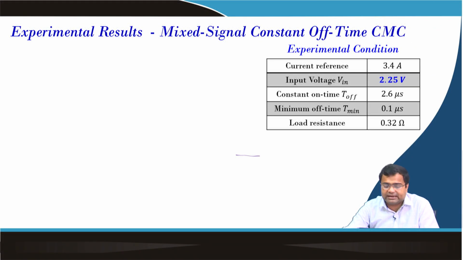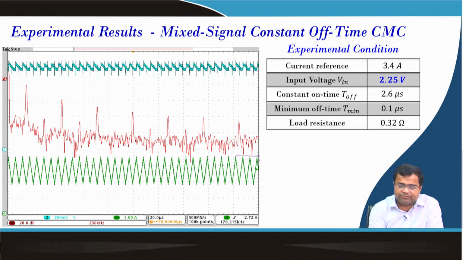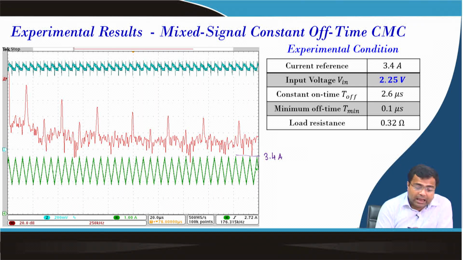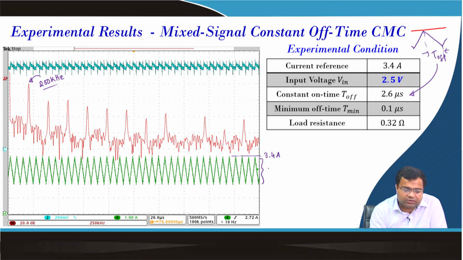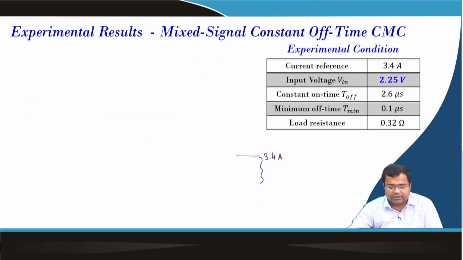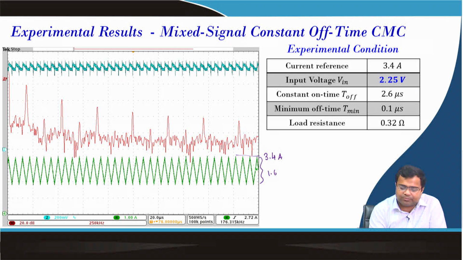Now if we decrease the input voltage from 2.5, the peak current still remains 3.4 ampere, and interestingly you will find that the ripple remains the same, because if you see the ripple, it is around 1.6 ampere. Here also you will get 1.6 ampere, the ripple remains the same.